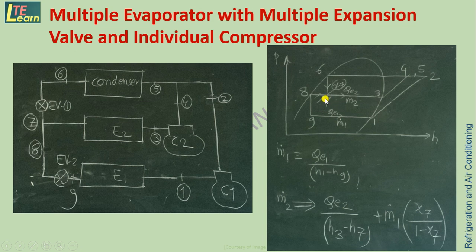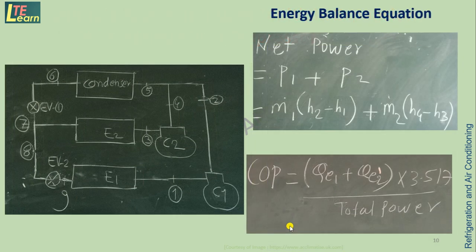How? So 7 is a fraction, x7 is the value of vapor fraction, x7 divided by 1 minus x7. Here, for the two compressors, power for first compressor P1 and for second compressor P2 can be written separately.